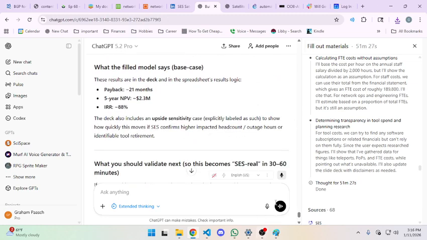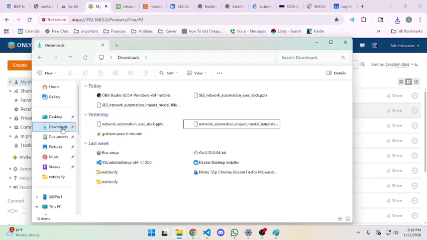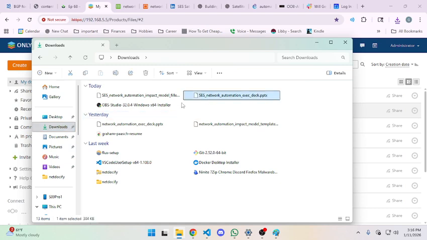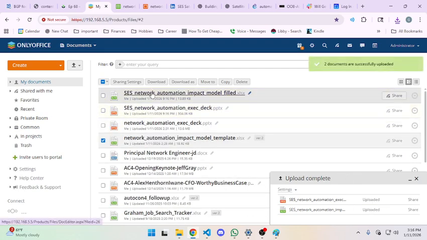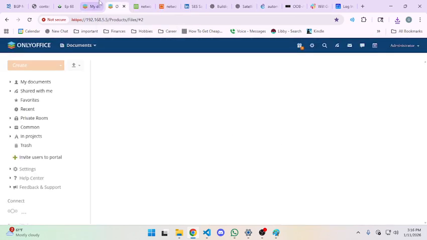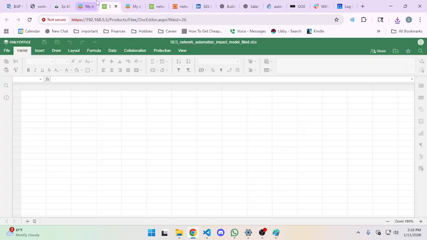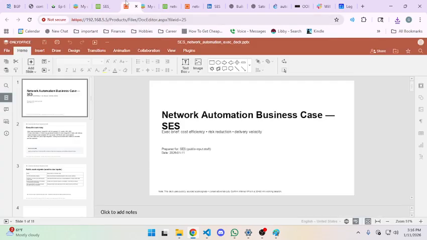Okay, so now I'm going to open to here. Put those in. Yeah, so this is for SES. Perfect. Duplicate this tab. Open the spreadsheet and open the PowerPoint.